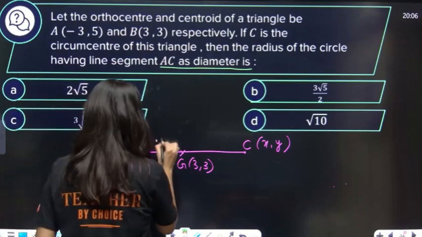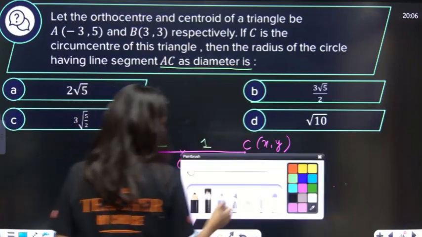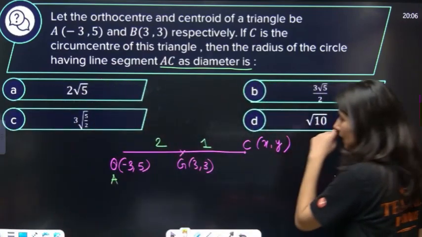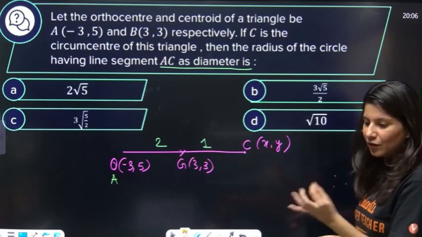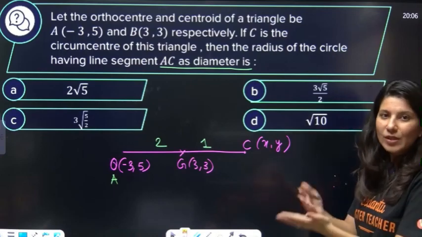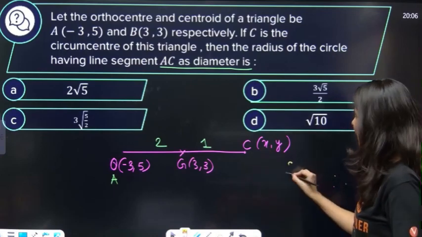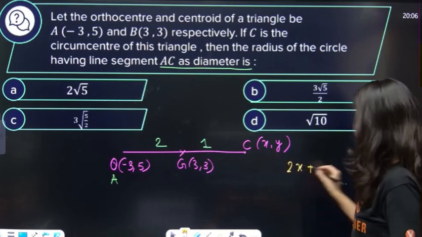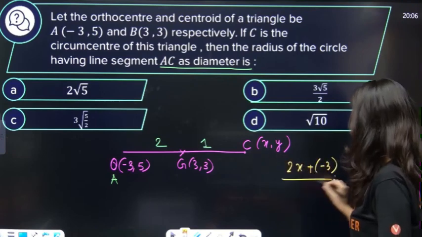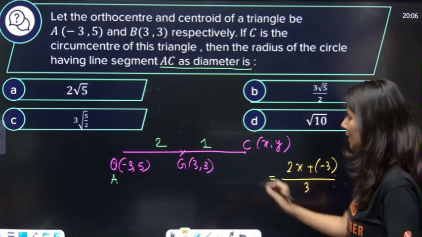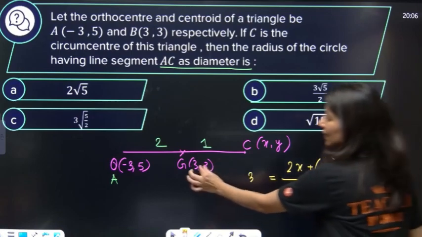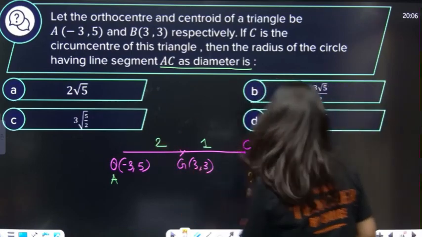So to calculate this, this is a 2:1 ratio. This is (x, y), correct? Now just apply the section formula. If you know the result now, then the question is absolutely easy. (2x plus -3) whole upon 3 is nothing but your 3, the centroid, right? So 3 is equal to (2x minus 3) by 3.